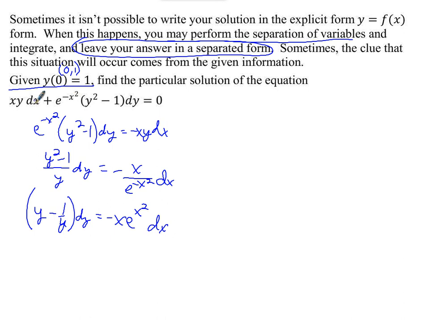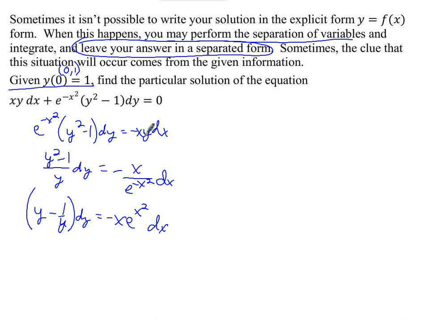If you were to solve for dy over dx, if we go back to here, and I were to move the dx back over here, and then divide both sides by this, then I have negative xy over e to the negative x squared times y squared minus 1 in the denominator.